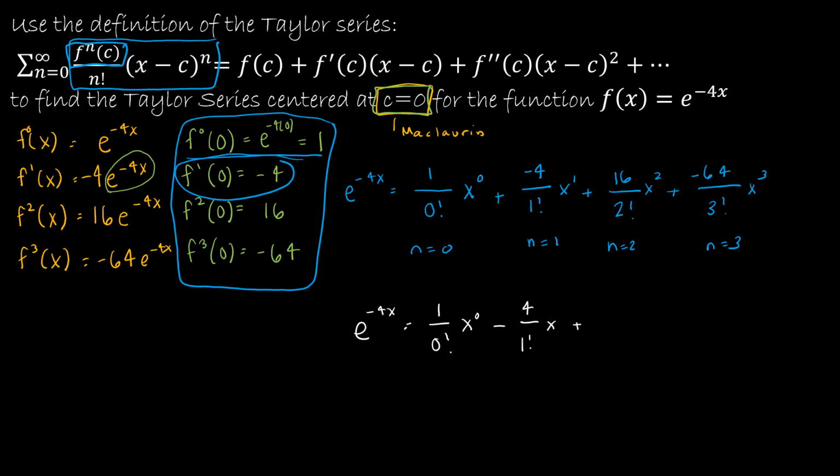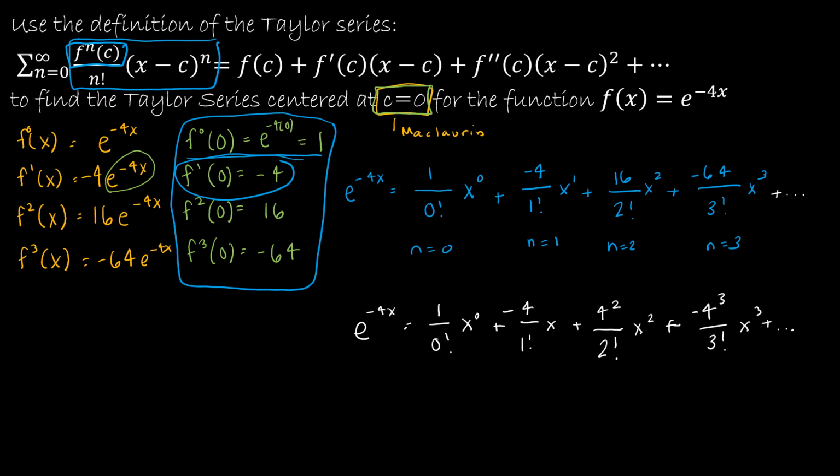My third value is 16, which I'm going to write as 4 squared over 2 factorial x squared. And my next value is negative 64, so I'm subtracting. Actually, let's go ahead and leave the negatives on there. So plus negative 64, and 64 is 4 to the third, over 3 factorial x cubed, and of course this continues forever.